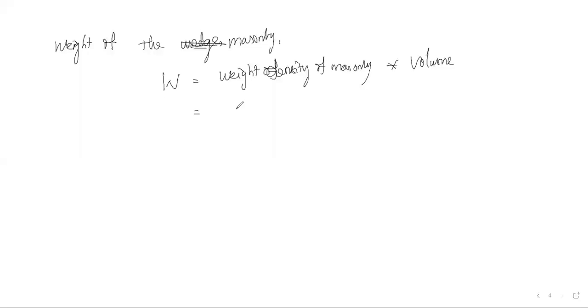So weight density is equal to 2400 multiplied with 9.81. Volume means area into height. So area, I'm going to take as (A plus B) divided by 2, trapezoidal shape, so I take the average length. So A is 2 meter plus B is 8 meter, divided by 2, multiplied with the total height of the structure.